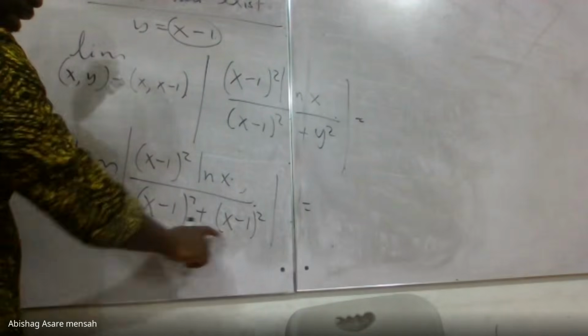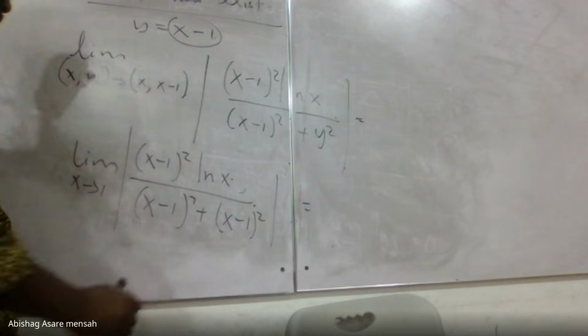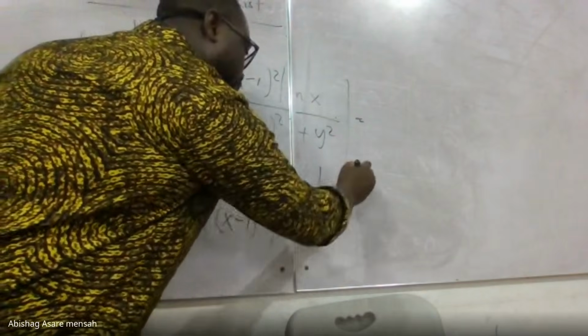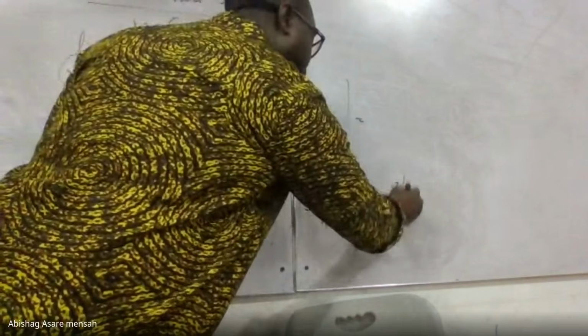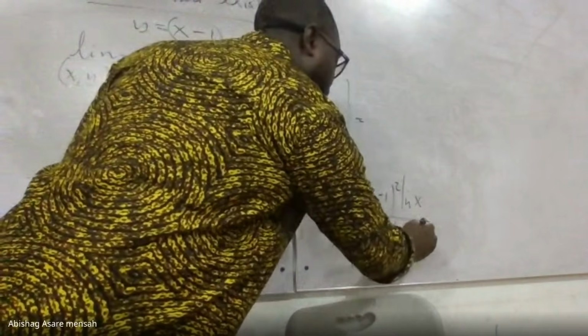So x minus 1 we brought. Let me still write it. The limit as (x, y) approaches (1, 0). Here will be (x minus 1) all squared, then x, like 2 brackets, (x minus 1) all squared.